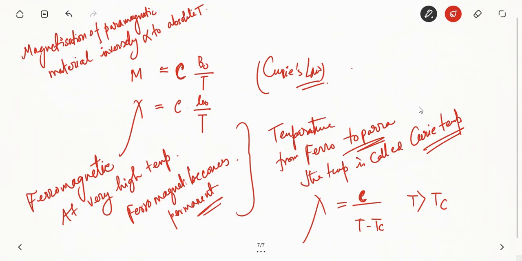Now we discuss another important concept, the hysteresis of the ferromagnetic material. That's very important.